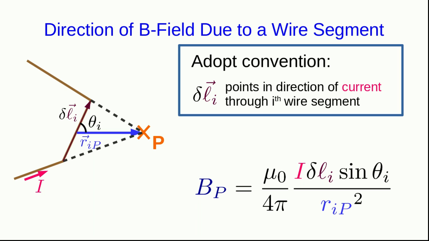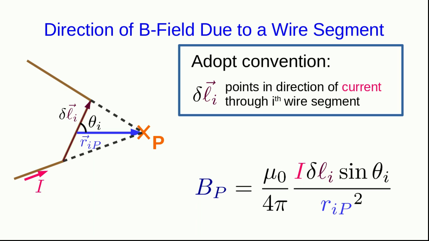Using that convention will allow us to come up with a relationship. You can probably guess there's going to be a cross product involved because we're combining two vectors, delta L and r_iP, and getting a new vector B, and the new vector B is going to be at right angles to both of them. And we've already seen that there's a sine of an angle, and so these are all clues that there's a cross product.